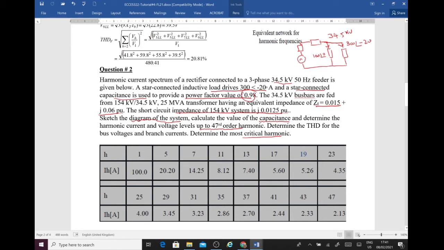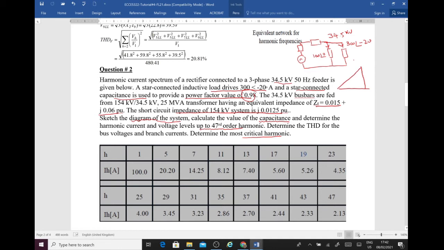So from here, we can calculate the real power and the reactive power taken by the system. Again, why do we need to do that? We need to do that in order to calculate the capacitor bank that will be connected in the system. So this is the real power taken by the system, and this one will be the reactive power taken by the system.